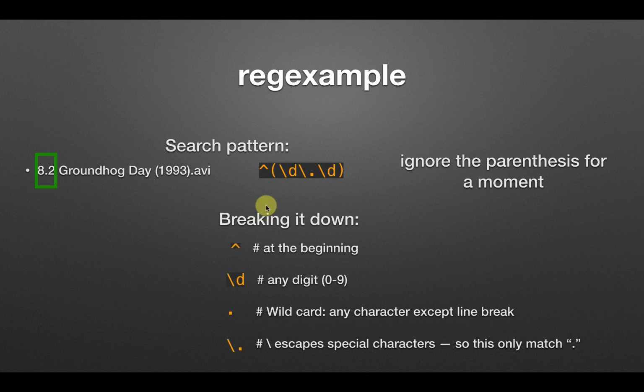Now, because we know how IMDb ratings work, it's always going to be 2 digits separated by a period. And so this right here would match it. And so the way we tell our regular expression that we only want to look for this digit matching, the reason it's not matching any of these numbers here, well, one, they don't have a period in between them, but also because we start it with the at the beginning of a line pattern. So here, this will only match things at the beginning of a line. Here, the symbol for any digit. A period is typically a wildcard.